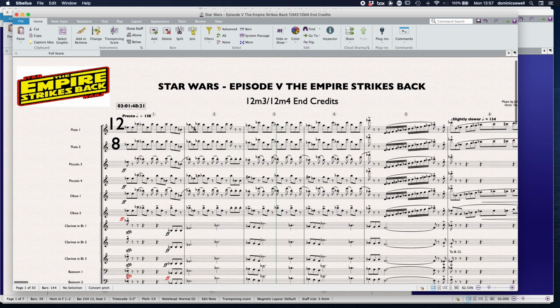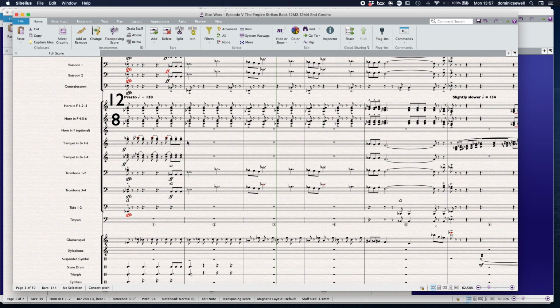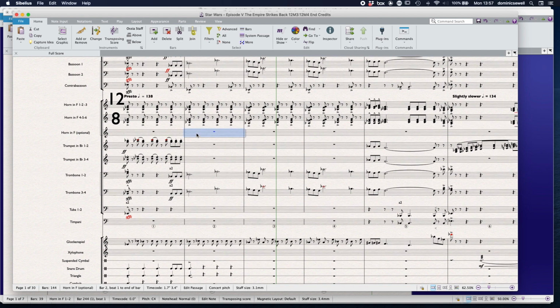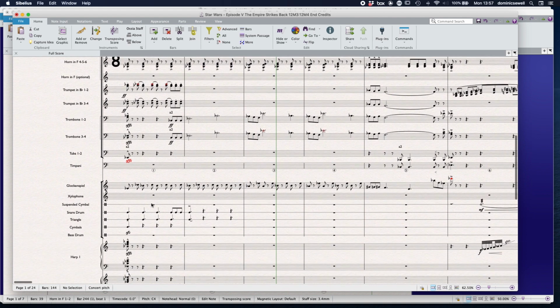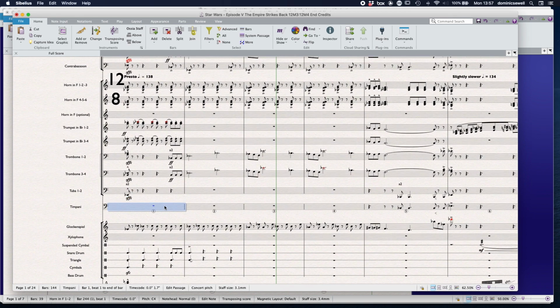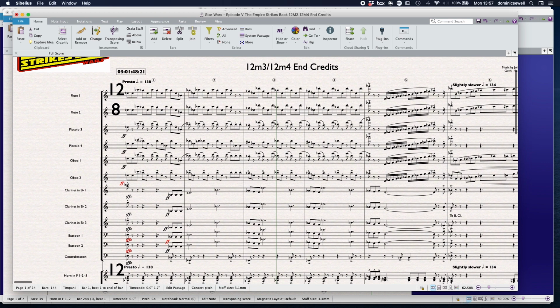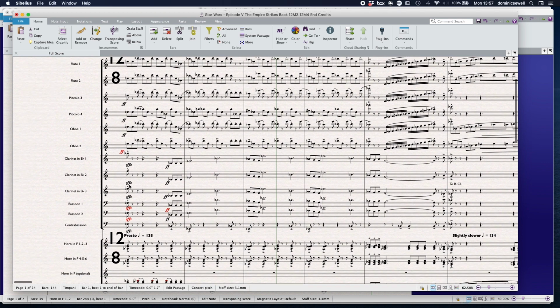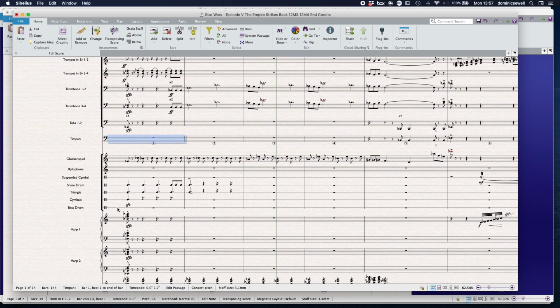Actually, before I begin this, interesting enough, again, this is different from the concert version, because this is the original Empire Strikes Back version with 2 tubas, etc. So this is Herb's, copied from Herb's thing here. So 4 flutes as well, which they don't have in the live version. They don't have 4 trumpets either for some bizarre reason. Who knows why? And look at all that percussion as well.